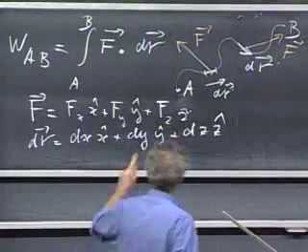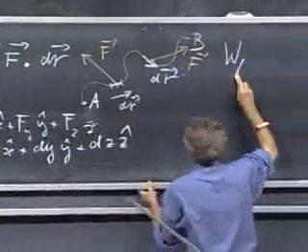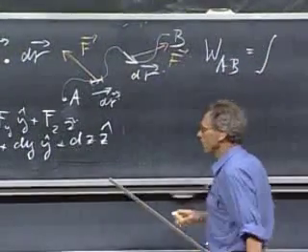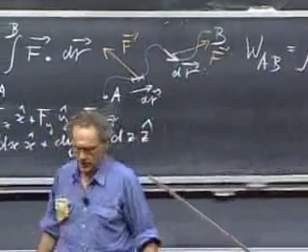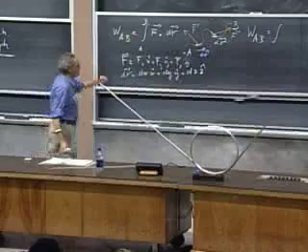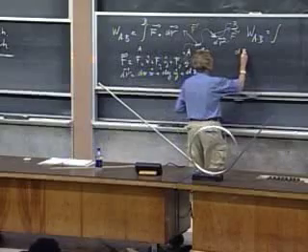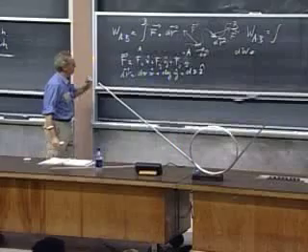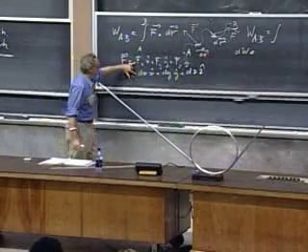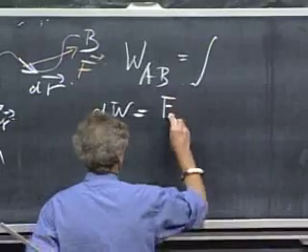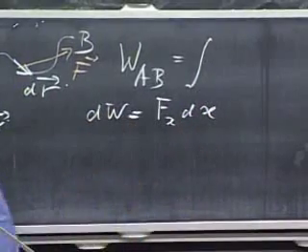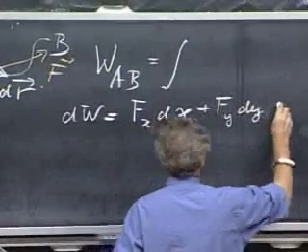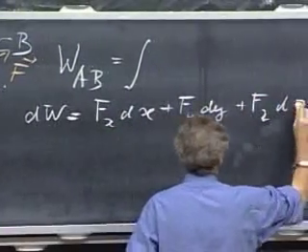So the work that this force is doing when it moves from A to B is the integral of this F dot dr. Let's first take a small displacement dr, then I get dW, that is simply F_x times dx, it's a scalar, because this is a dot product, plus F_y dy plus F_z dz.